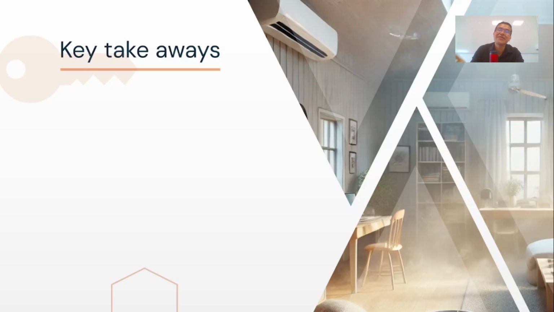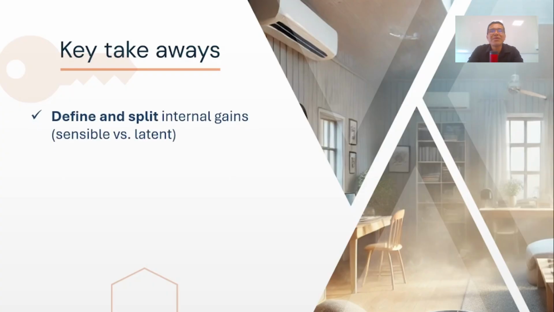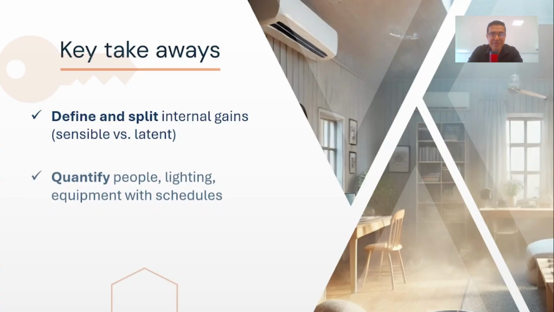So, to sum everything up, here are the most important things to remember for our discussion on internal gains. First, remember to define internal gains clearly and always keep the sensible and latent parts separate from people, lighting, and equipment. This is crucial for correctly modeling both a space's temperature and its humidity.